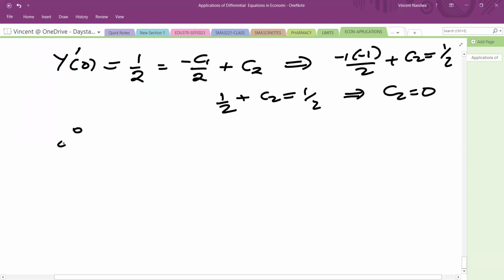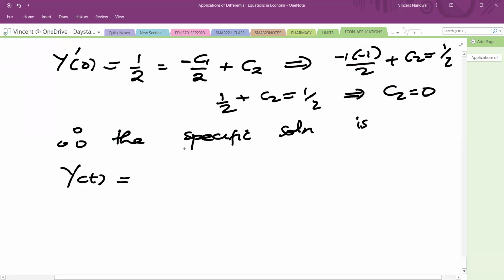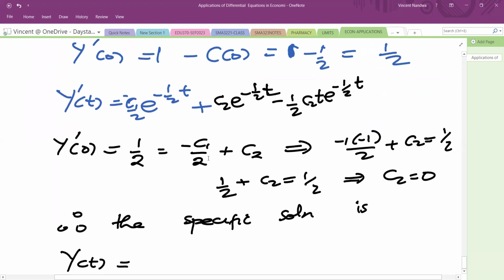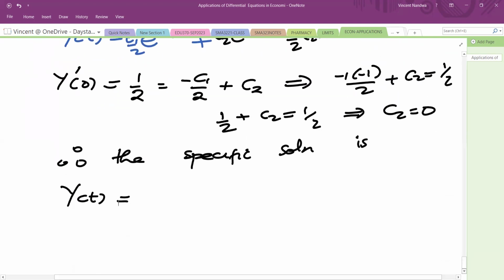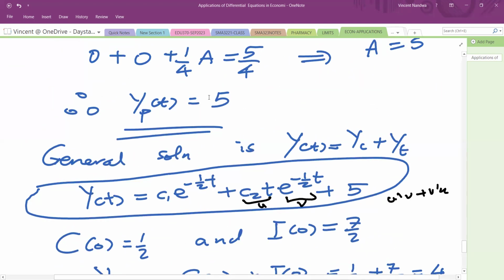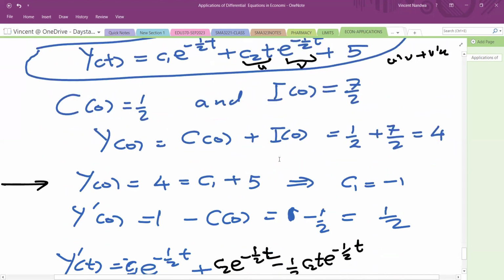Therefore the specific solution is y of t, with C1 equal to minus 1, not a half, so we have minus e raised to negative a half t, plus C2 is 0, so we have 5.